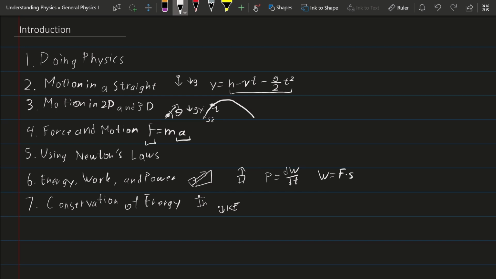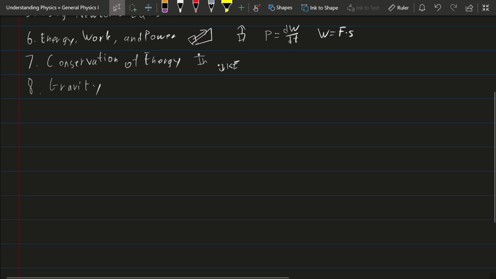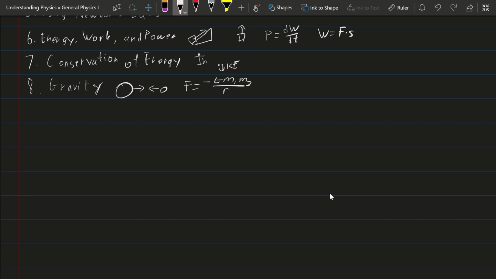The next chapter talks about gravity. For example, if you have a planet and also another planet, they will interact with each other, and you would have something called the gravitational force, which is negative G of the first mass multiplied by the second mass over the radius squared.